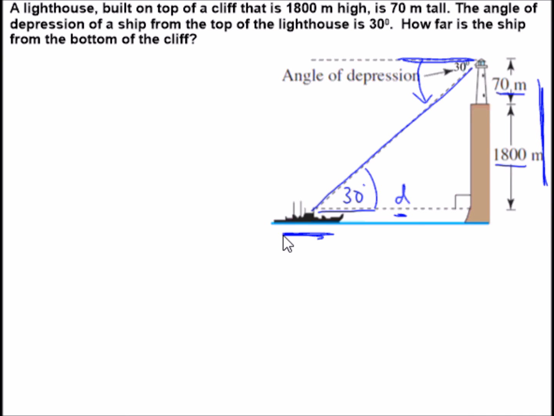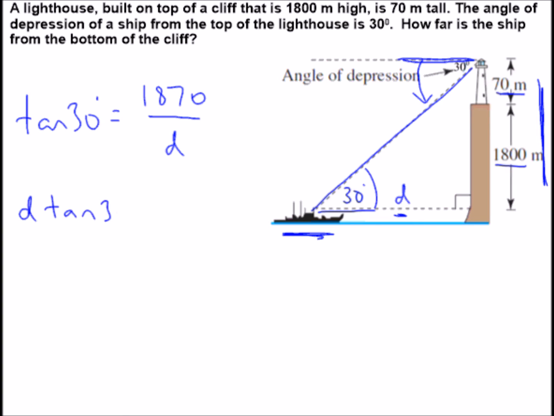Once again, I've got the tan ratio. So the tan of 30 degrees is going to equal, now the opposite length will be the 1800 plus the 70. That'll be 1870 meters. And the distance along the adjacent is d. Now in this case, I need to move d across the other side first, where it multiplies.